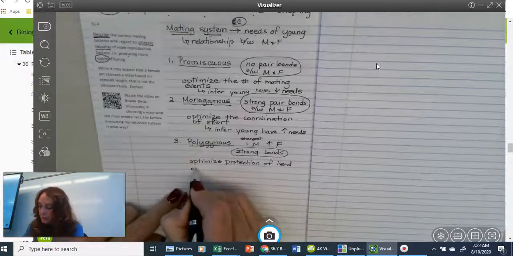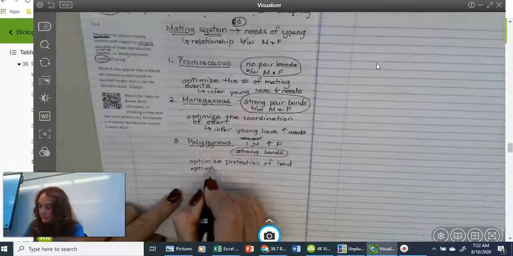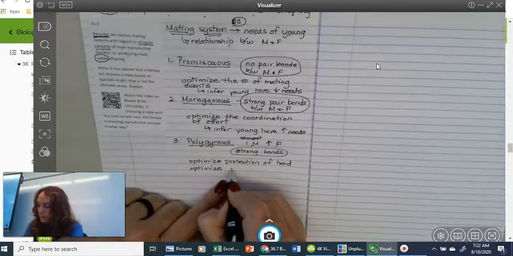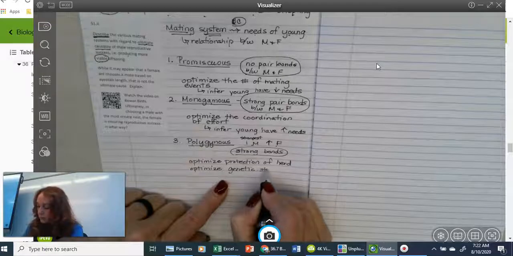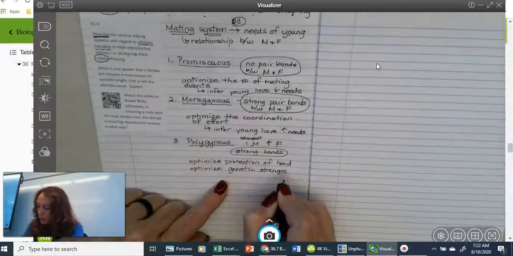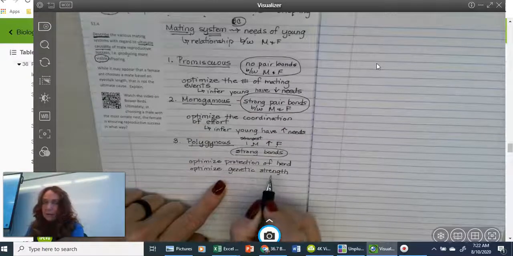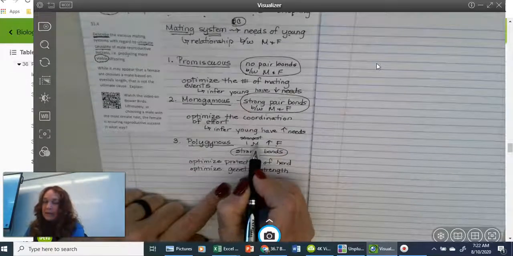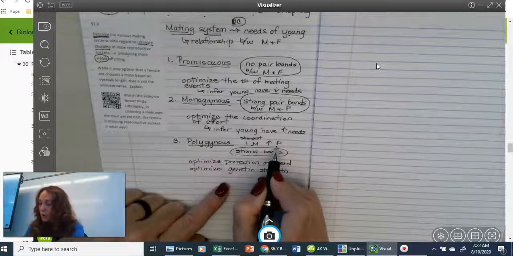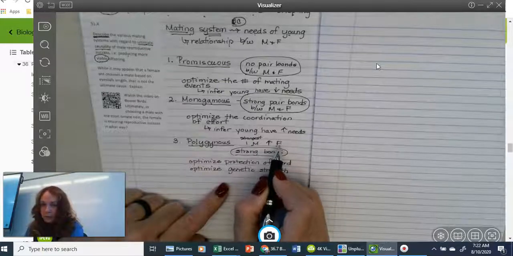So you're going to also optimize the genetic strength, which just means that in that environment, this male is the most fit, and he's going to sire all the offspring with these females.